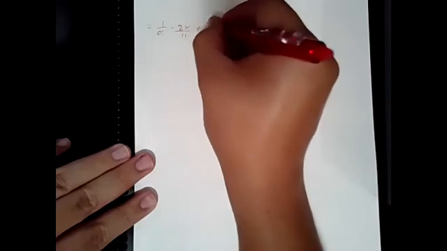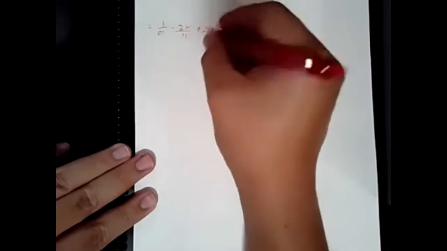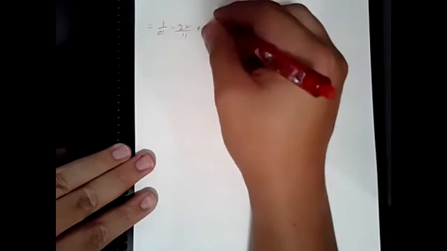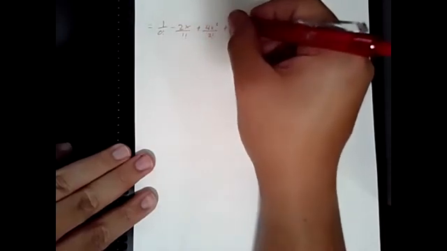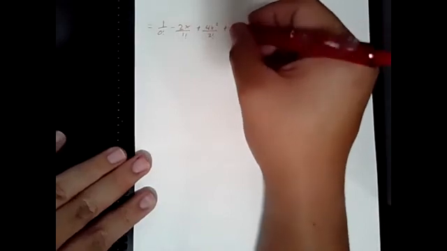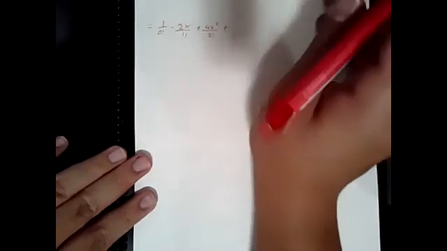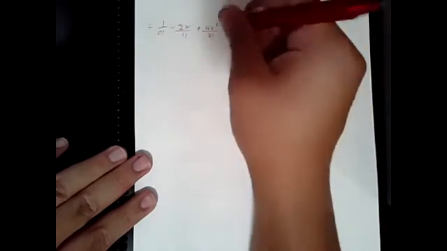It's going to be 1 over 0 factorial minus 2x over 1 factorial plus 4x squared over 2 factorial plus, well, technically minus, but that's fine.